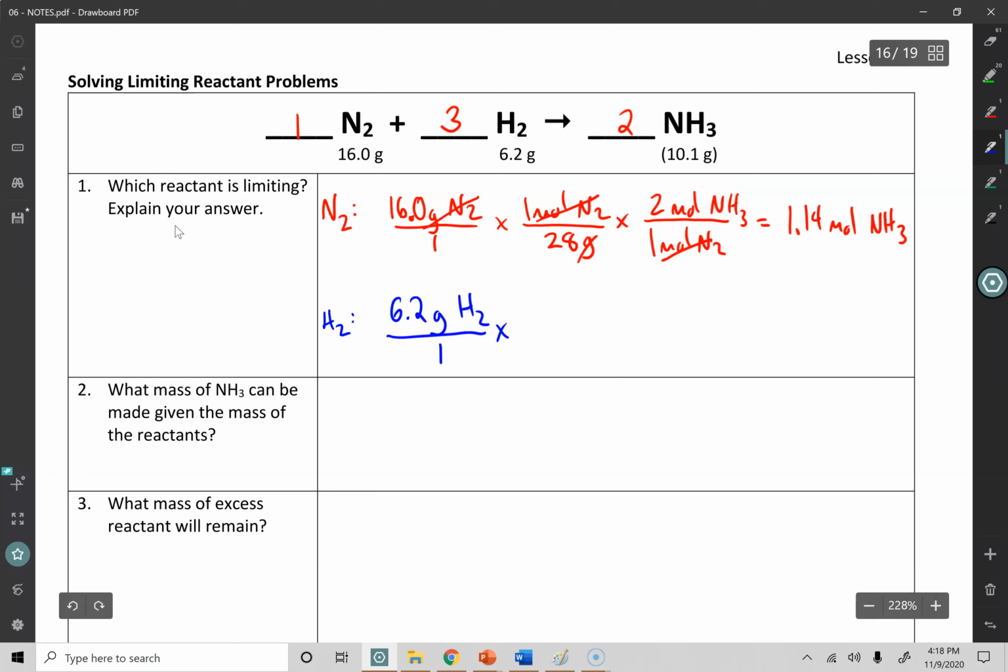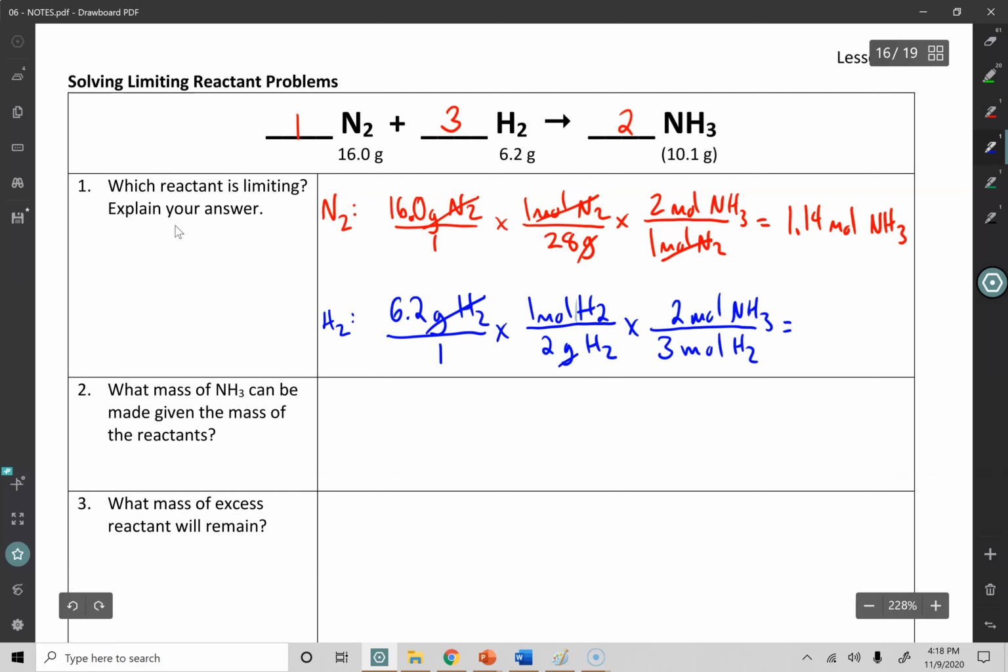Got it in grams, I need to get to moles. I know that 1 mole of H2 has a mass of about 2 grams per mole. And based on the balanced chemical equation, for every 3 moles of hydrogen, I can produce 2 moles of NH3.